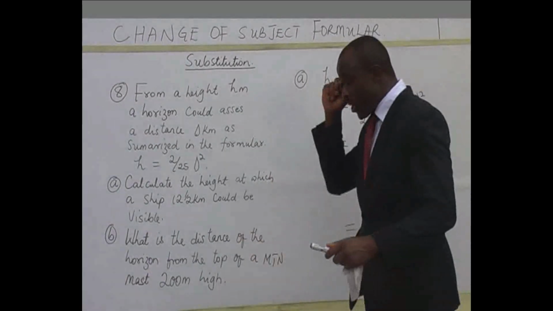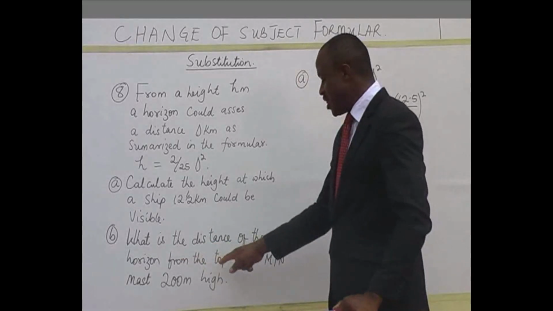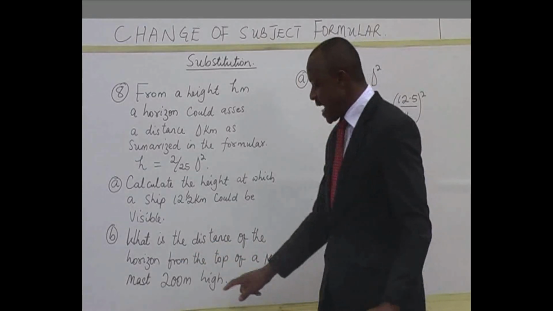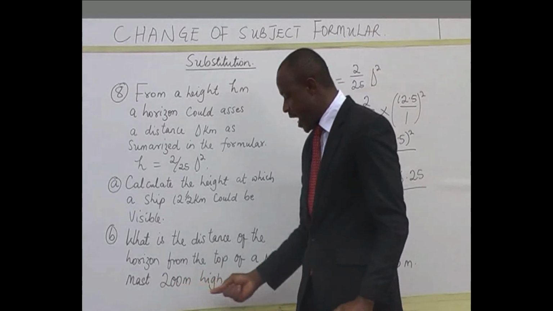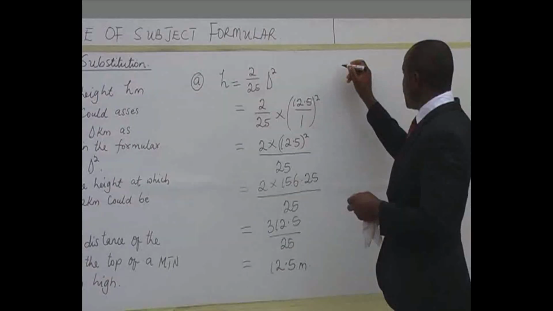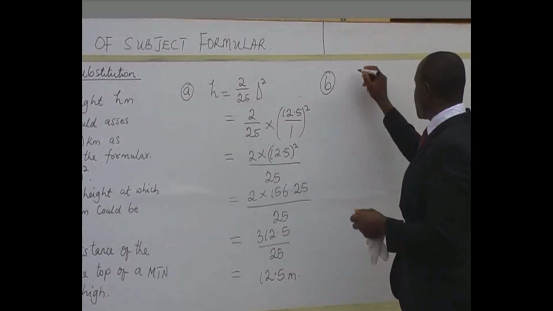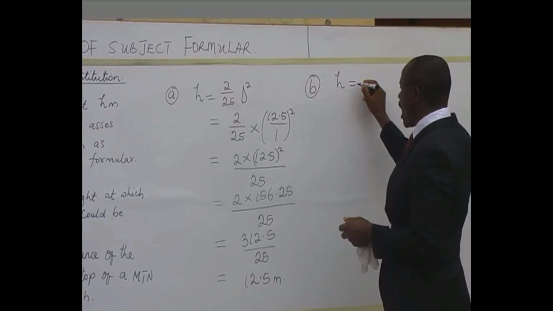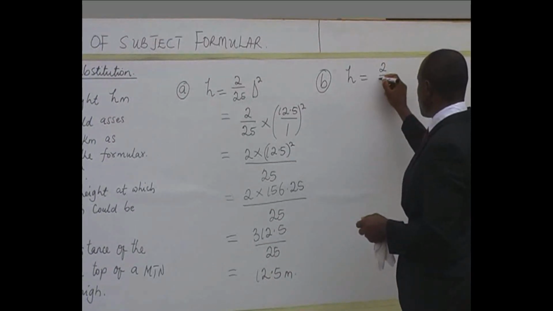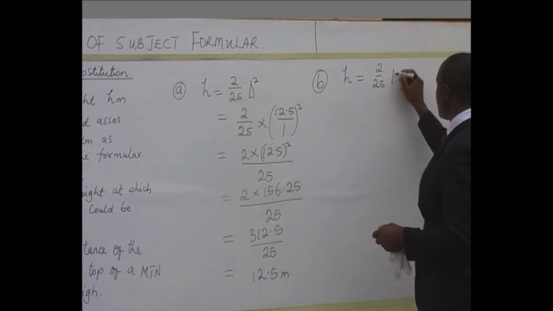The B part of the question says, what is the distance of the horizon from the top of an empty end mask that is 200 meters high? Question number B. Our formula is h is equal to 2 over 25 times d squared.